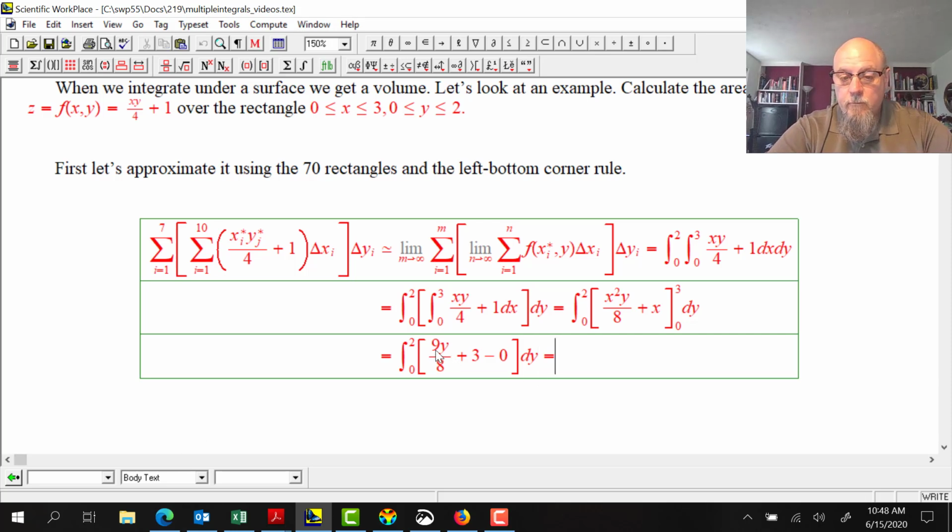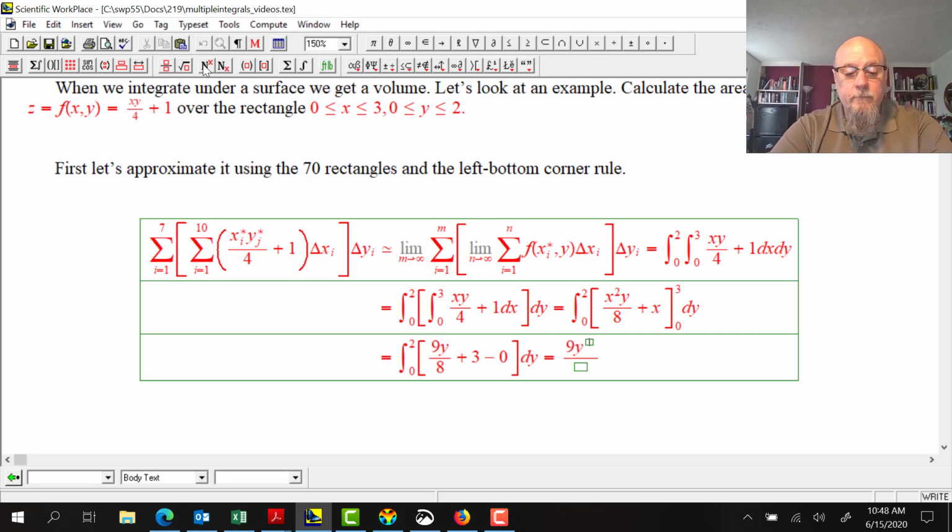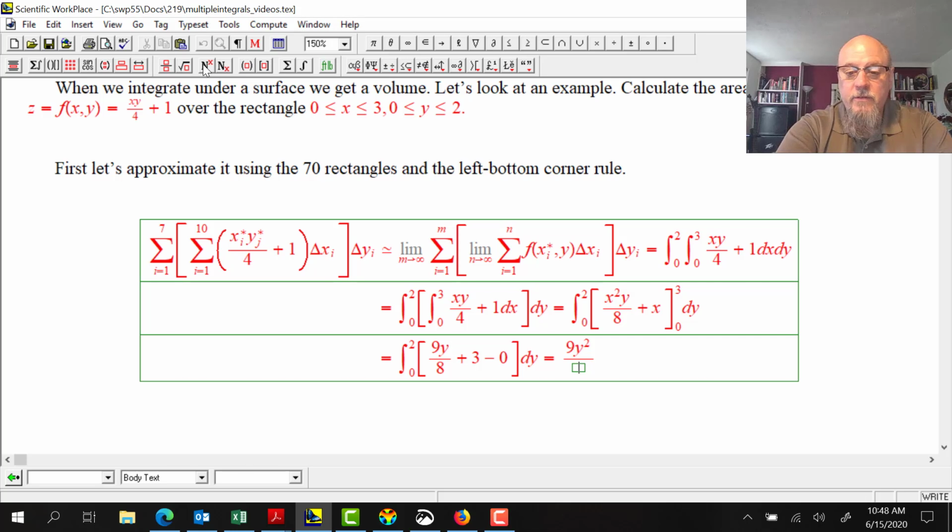So integrate the y: that's going to be 9y squared over, so add 1 to the exponent, divide by what's up top, plus that 3 is going to be integrated to 3y. Sub in the top minus sub in the bottom.